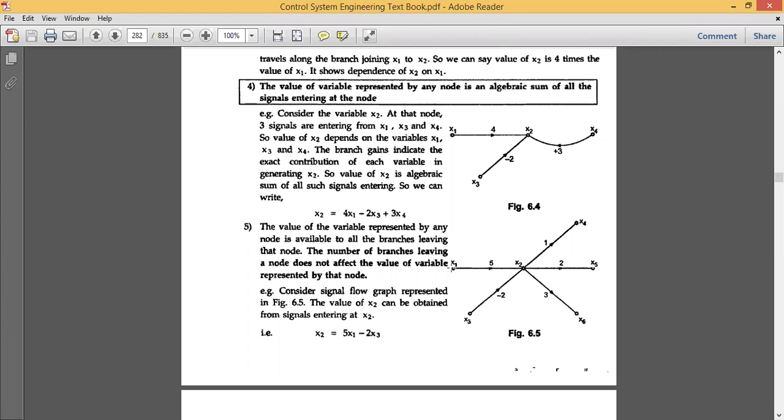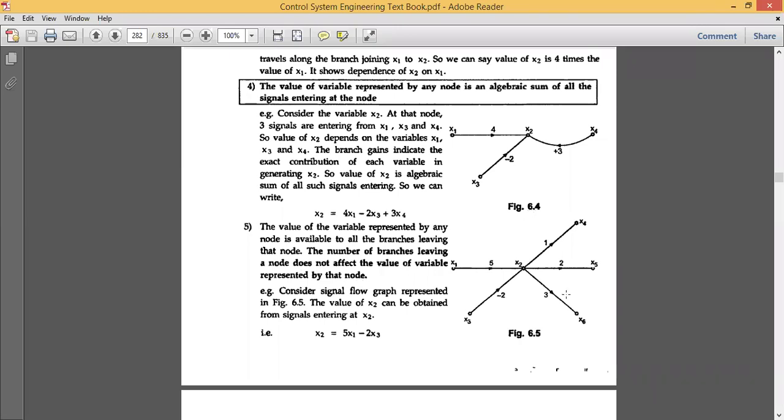We have node x1, x3, x2, x6, x5 and x4. The number of branches leaving a node does not affect the value of the variable represented by that node.